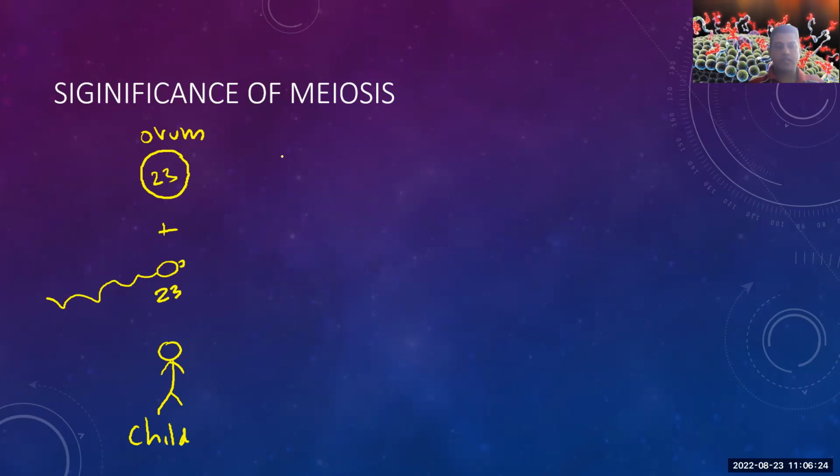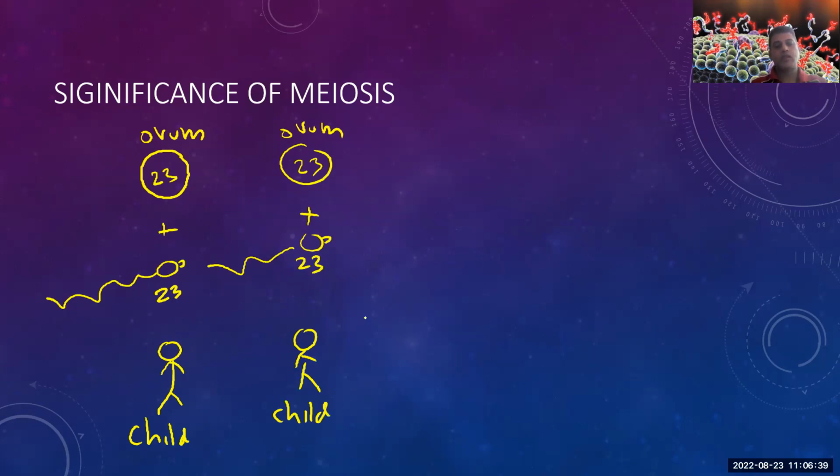Let's take the same family, again ovum and sperm fused together, 23, 23. And that's a second child. We know that they are not genetically the same. So I'm talking about within a family.